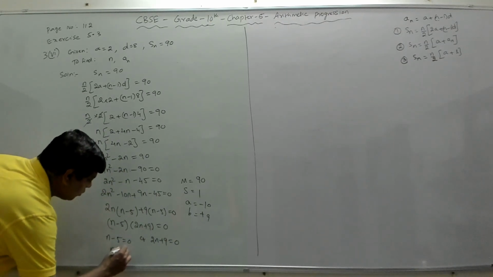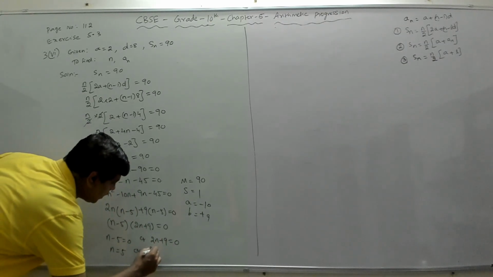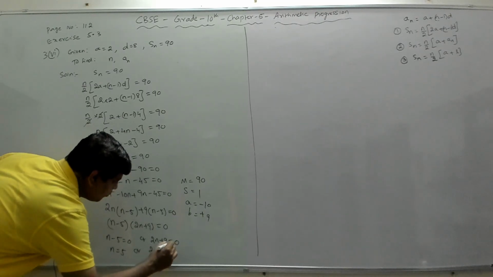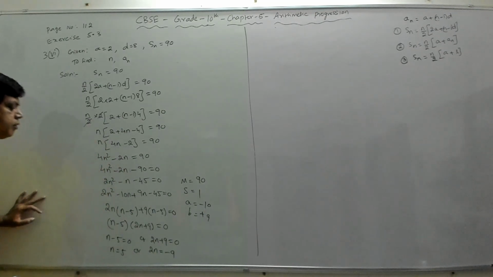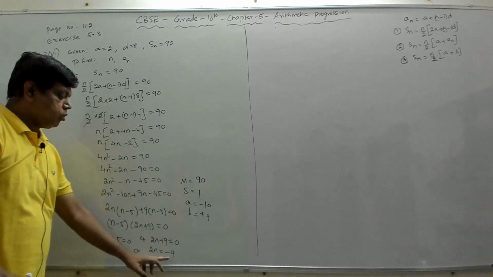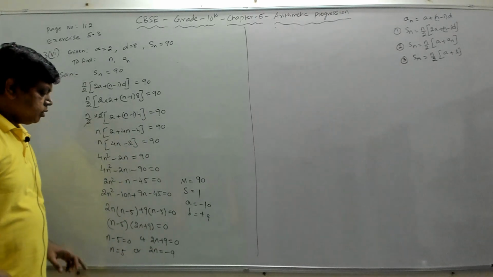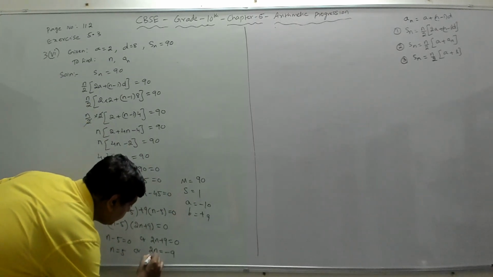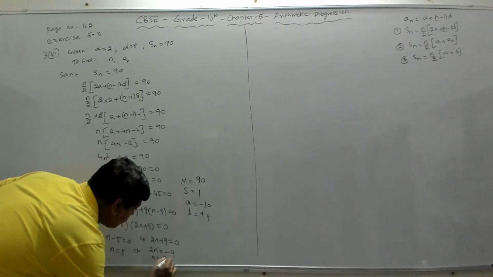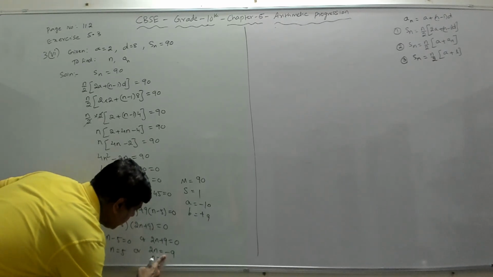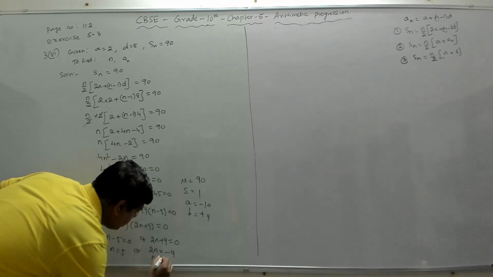So n is equal to 5, or 2n equal to minus 9, which means n will become minus 9 by 2.